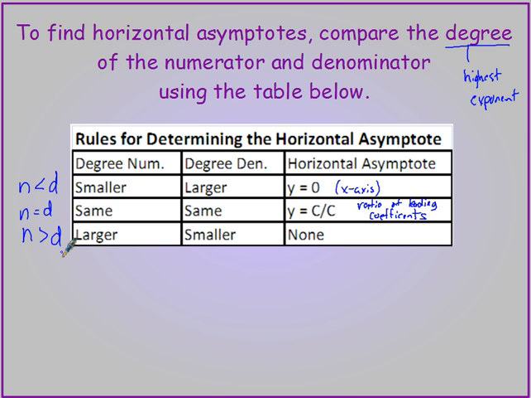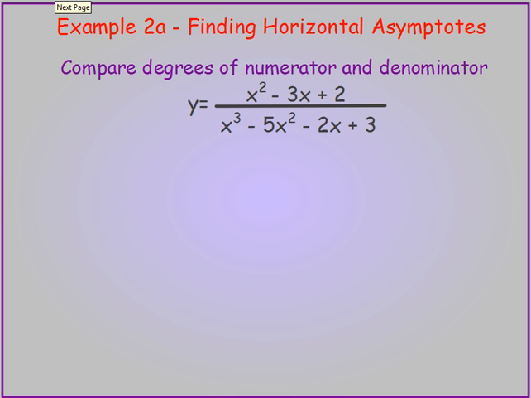Okay? Let's look. Here we go. So, all I'm asking you to do here is find the HA. Find the horizontal asymptote. Here's your equation.